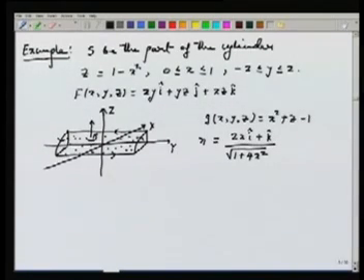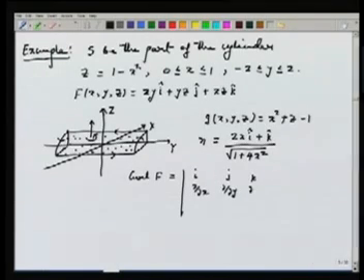Okay. Then the next thing I need is curl f. So I will calculate what is curl f. Then i del x, j del y, k del z, and then xy, yz, zx.